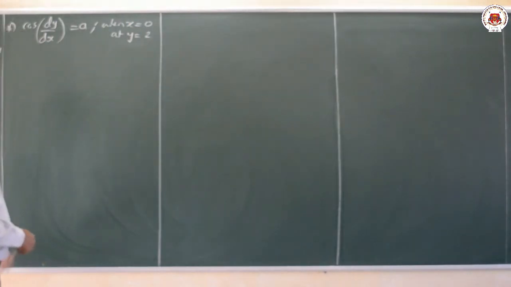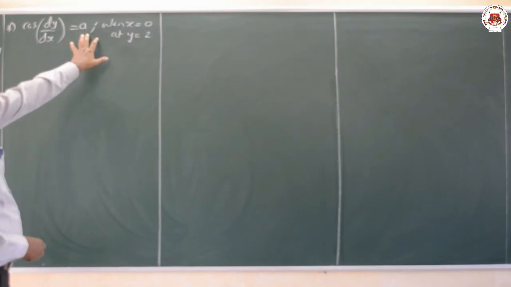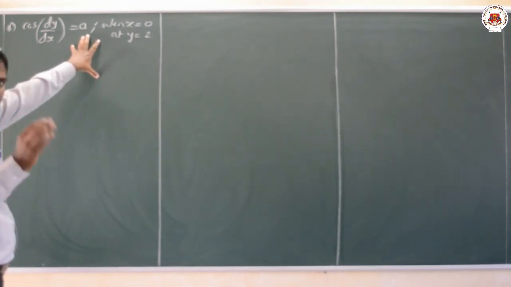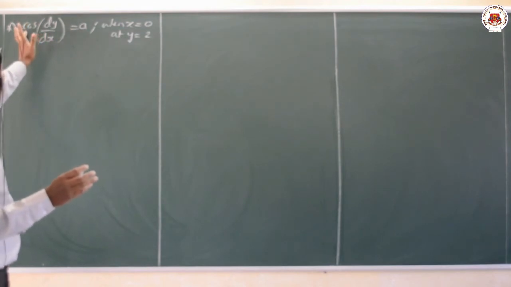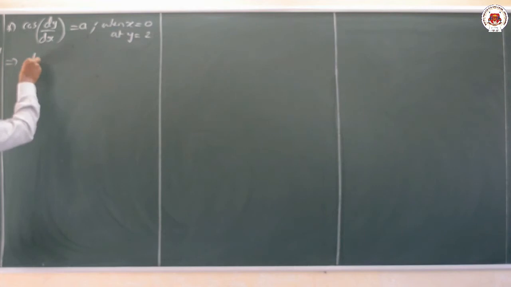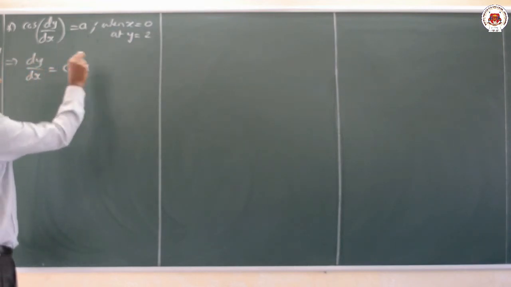The next problem is also very simple. Here we have cos of dy by dx equal to a. Since we are discussing only first order and first degree, I will take this cos to the RHS. So we will have dy by dx equal to cos inverse of a.